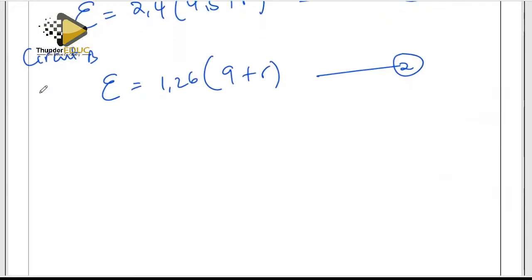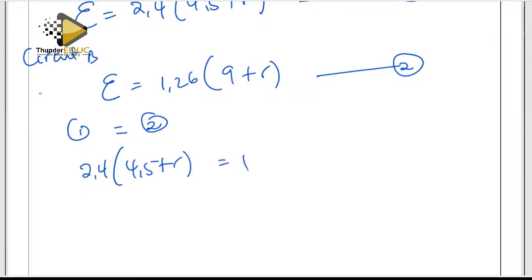Then we equate both of them, 1 equivalent to 2. So 2.4 times (4.5 plus r) is equal to 1.26 times (9 plus r). Let's open up the brackets. 4.5 multiplied by 2.4 gives us 10.8 plus 2.4r.